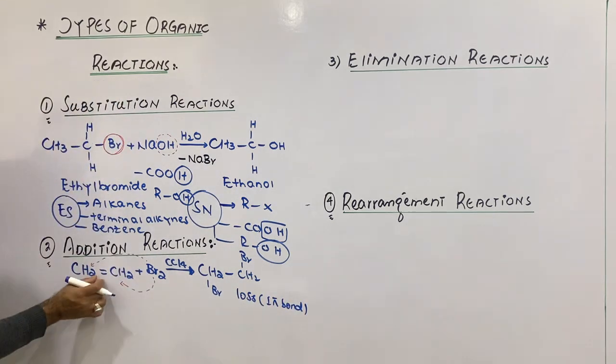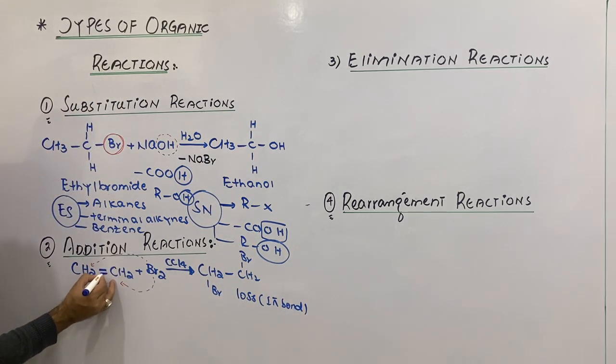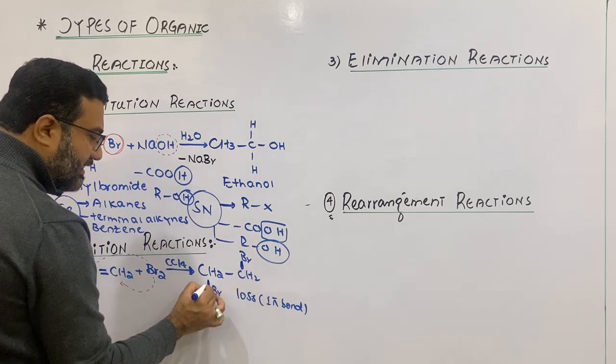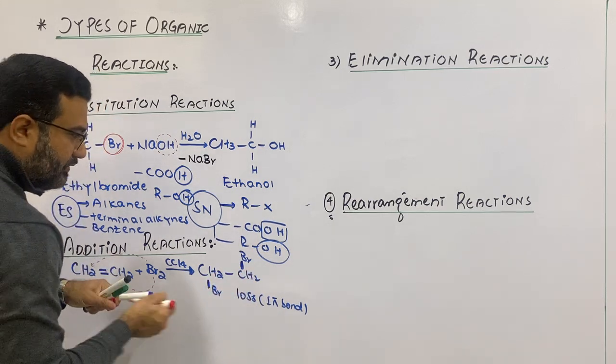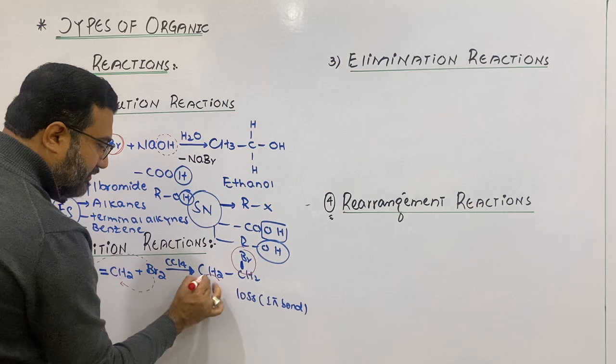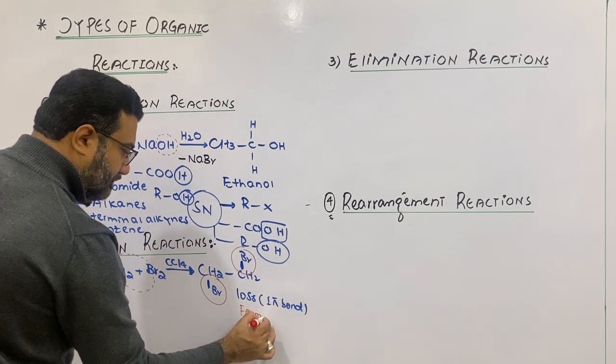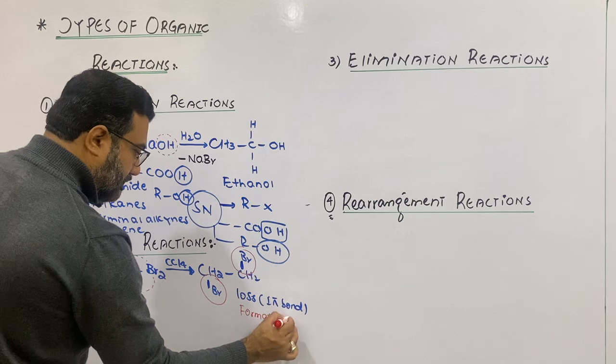You can see that here the double bond was there. One bond is the sigma, the other is the pi bond. So the pi bond has been lost, and now the formation of two new sigma bonds has taken place. So these two new sigma bonds are formed.